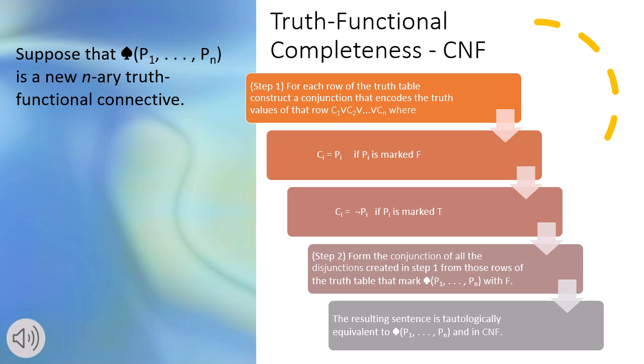But really, when we say a bit more about truth functional completeness here in a moment, just one of these algorithms is enough, because it shows that you can express any of these truth functional connectives completely in terms of conjunction, disjunction, and negation.